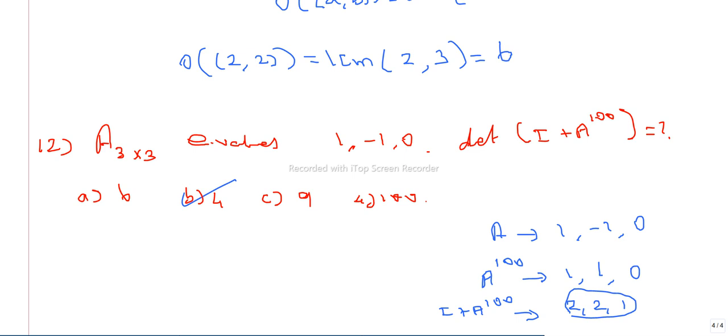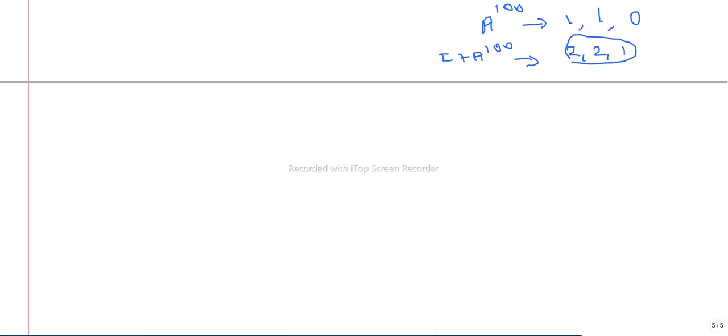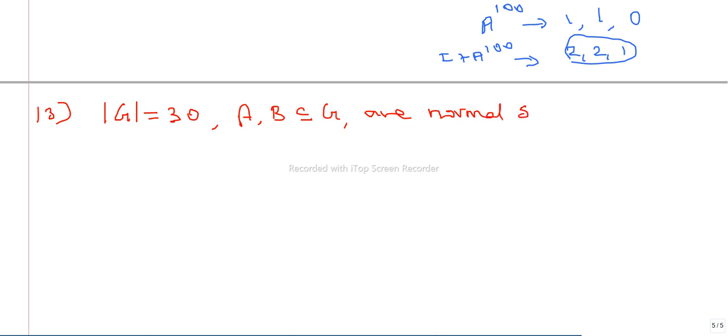Now the next question. Suppose G is a group of order 30. So simply I can write order of G is 30. A, B are normal subgroups of G, and the order of A is 2 and the order of B is 5.